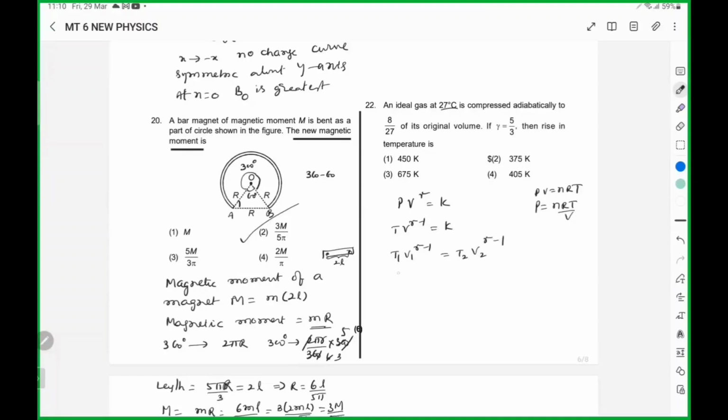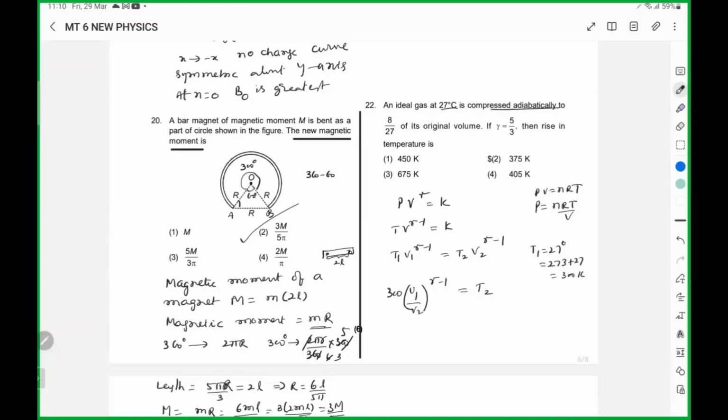And he has given T1 as 27, that is 300 Kelvin. V1 by V2 to the power gamma minus 1 is T2.